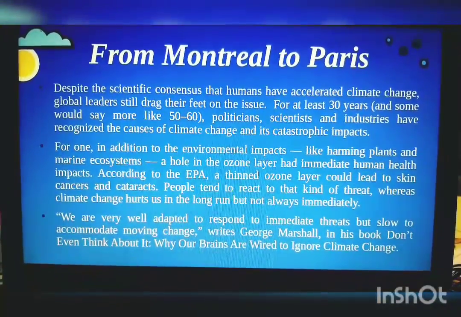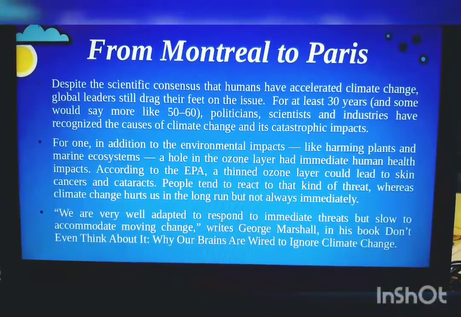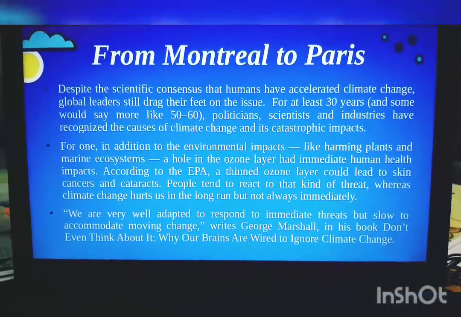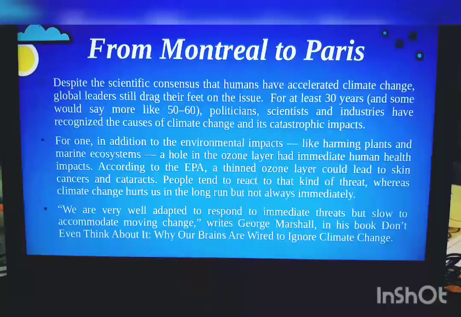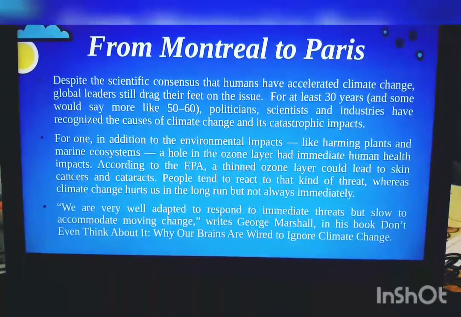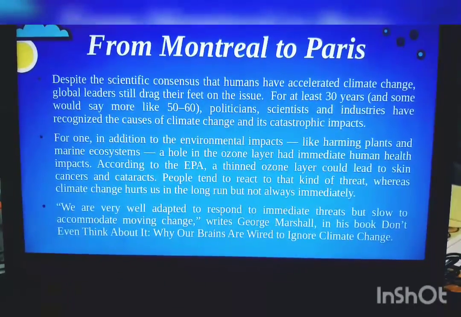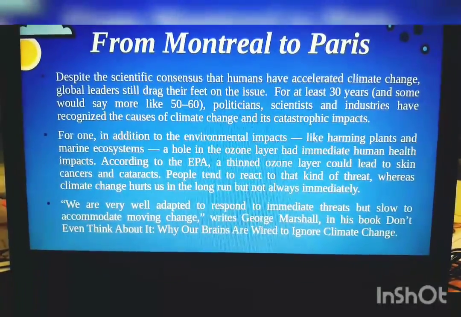Despite the scientific consensus that humans have accelerated climate change, global leaders still drag their feet on the issue. For at least 30 years, politicians, scientists, and industries have recognized the cause of climate change and its catastrophic impacts. For one, in addition to the environmental impacts like harming plants and marine ecosystems, a hole in the ozone layer had immediate human health impacts.